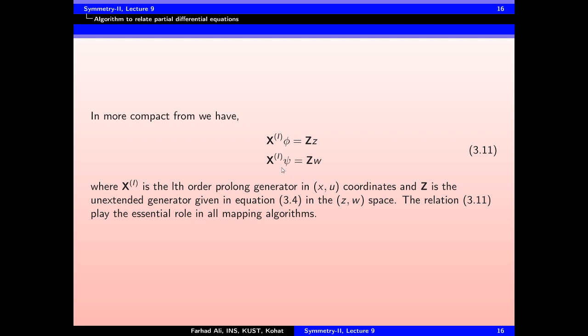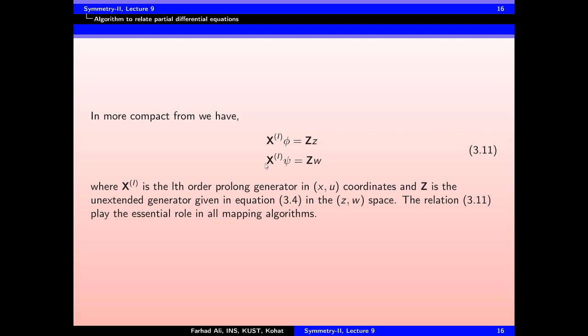And the whole game is behind the symmetry generator. These are the symmetry generators in the given space, and Z is the symmetry generator in the target space. So all we need are the symmetries admitted by the given system of differential equations, and Z is the symmetry generator of the target space.